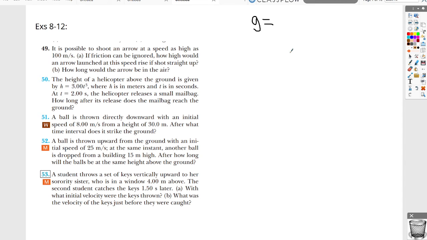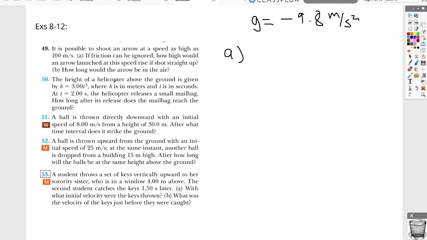On Earth, if you are close enough to the surface of Earth, it is always negative 9.81 meters per second squared. But we're going to use negative 9.8 meters per second squared, which is usually what people use. You can also use negative 10 meters per second squared on the AP exam. It is totally valid, but I'm going to use negative 9.8 to make my life harder. Negative 10 will make the equations really, really simple.